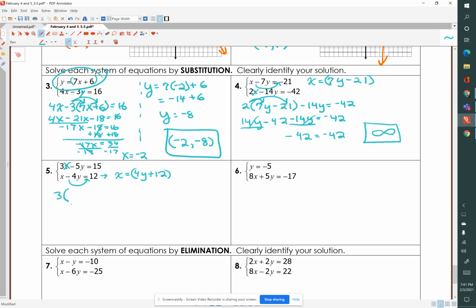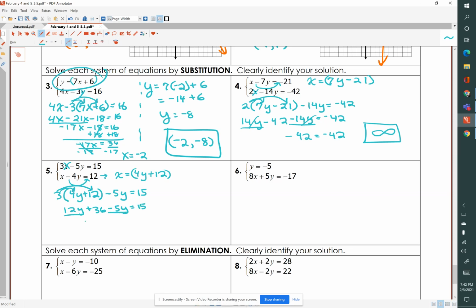So 3, and instead of x, I've got my 4y plus 12 minus 5y equals 15. And I distribute. 3 times 4 is 12, so 12y plus 3 times 12, 36, minus 5y equals 15.